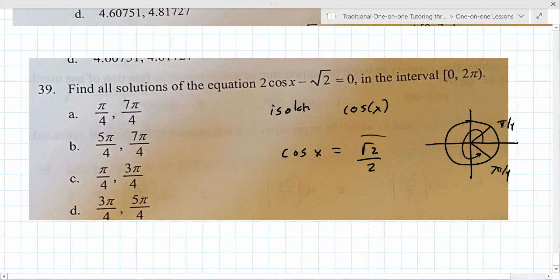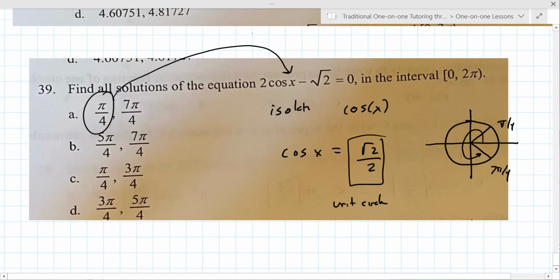Once you've identified this, it's really just a unit circle lookup. Again, you could just try the numbers in here. Your mode, though, has to be in radians. 40 is similar.